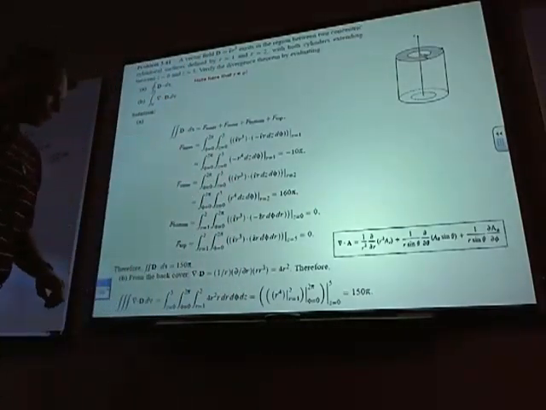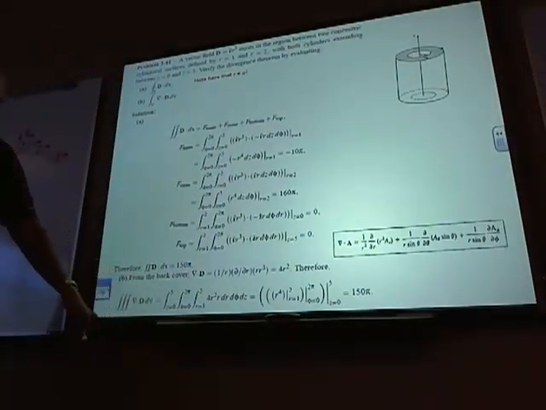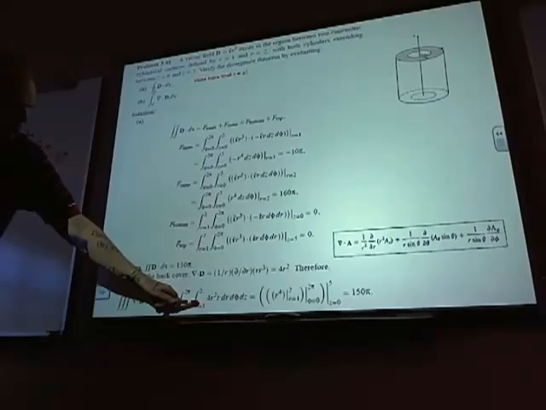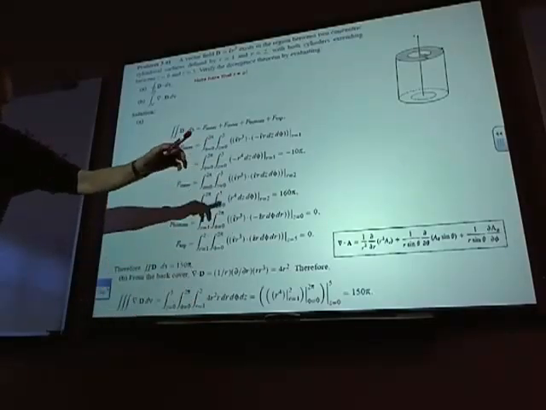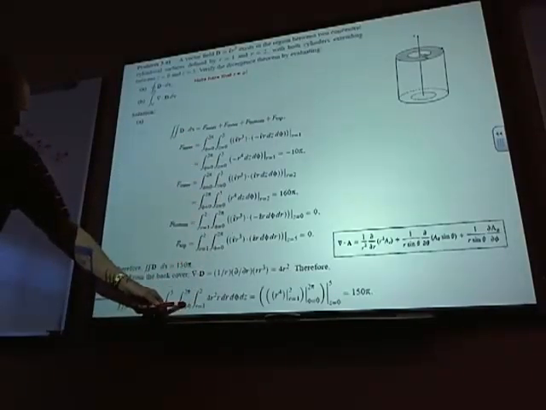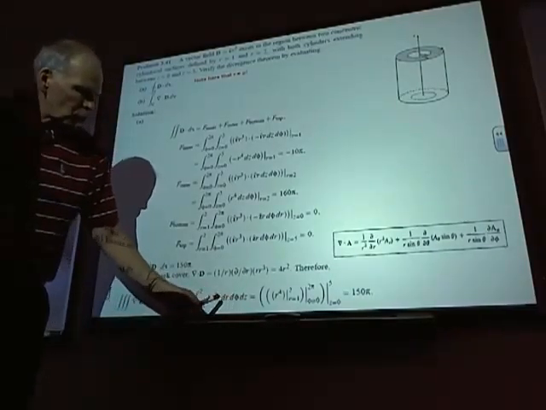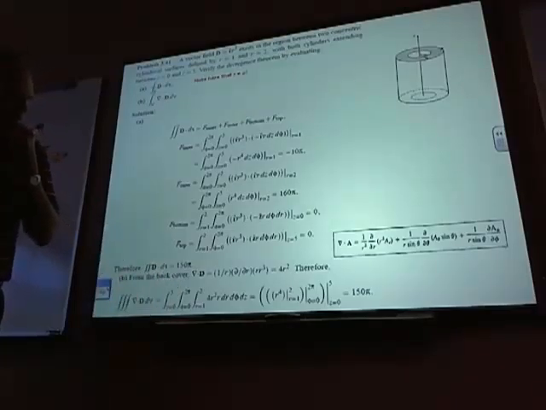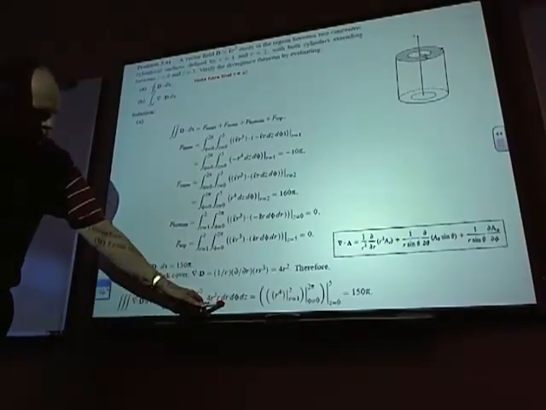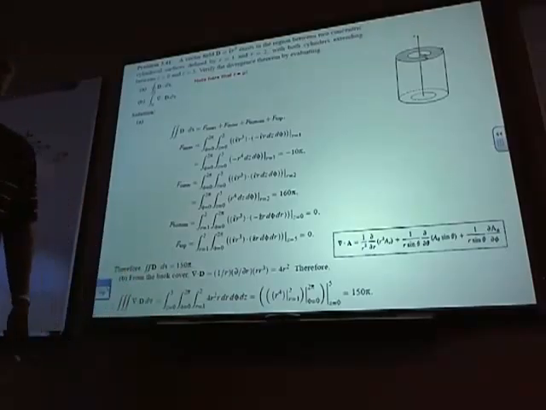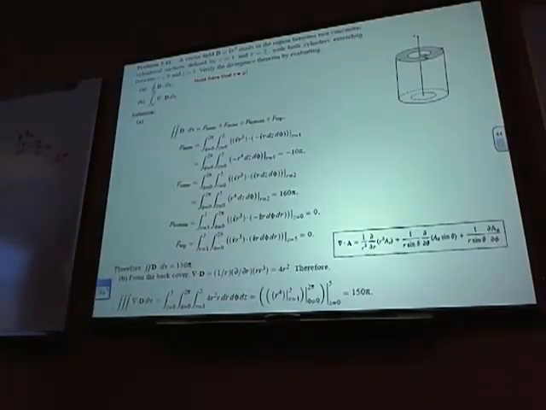So I'm going to go from r equal 1 to 2, which takes care of my rho direction, phi from 0 to 2 pi, and z from 0 to 5. The differential volume is r dr d phi dz, and you can just read that right out of the book. So that's all I'm going to do.